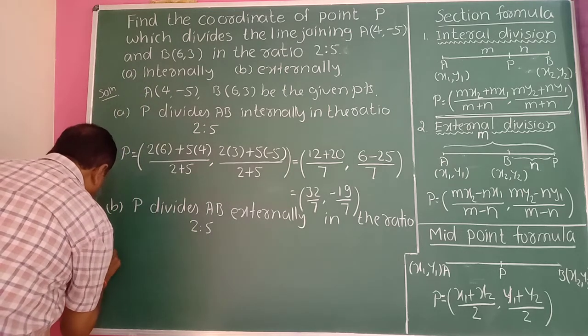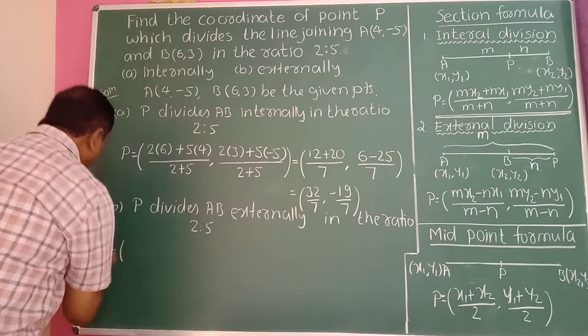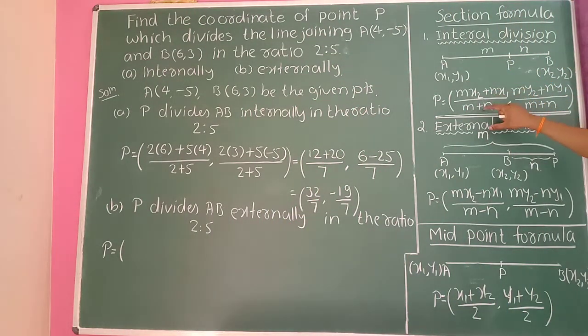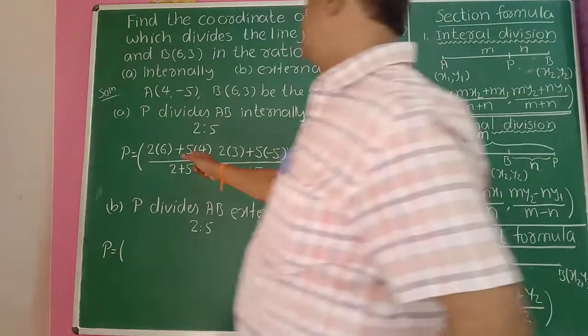Therefore, here P is equal to, here only the difference is a sign. Okay, in the internal division the plus sign is there, but in the external division a minus sign. P divides AB externally in the ratio m is to n. Therefore, it just changes sign here.